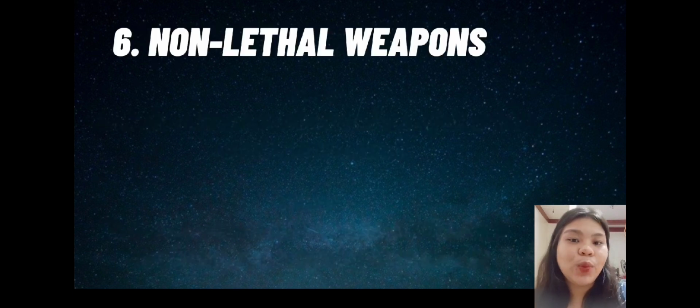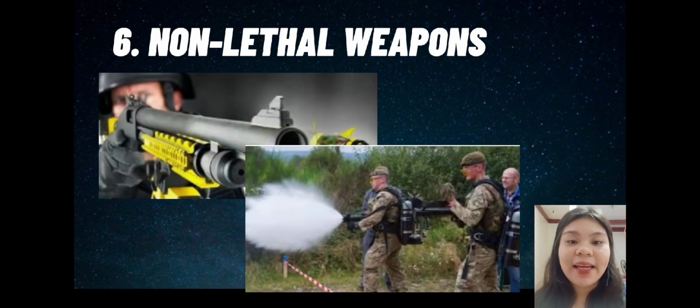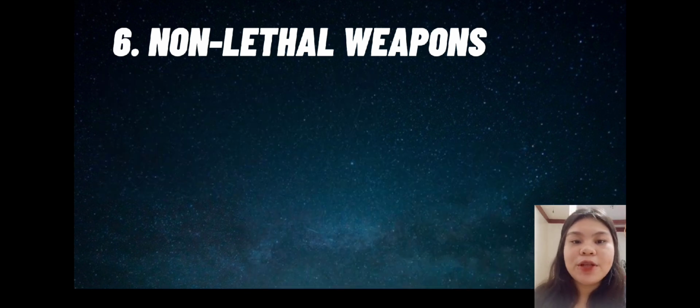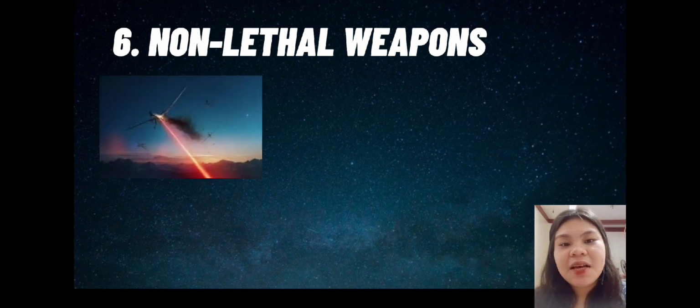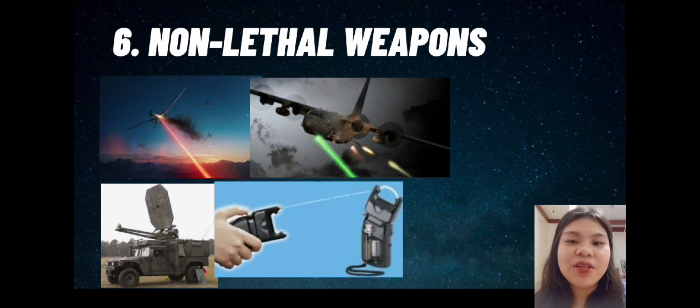Sixth, non-lethal weapons. As their name suggests, they are not designed to kill, yet they nonetheless raise ethical and policy concerns. Non-lethal weapons include laser missiles, blinding weapons, paint rays, acoustic weapons, electric weapons, hand rays, debilitating malodorants, and fumes and sprays.